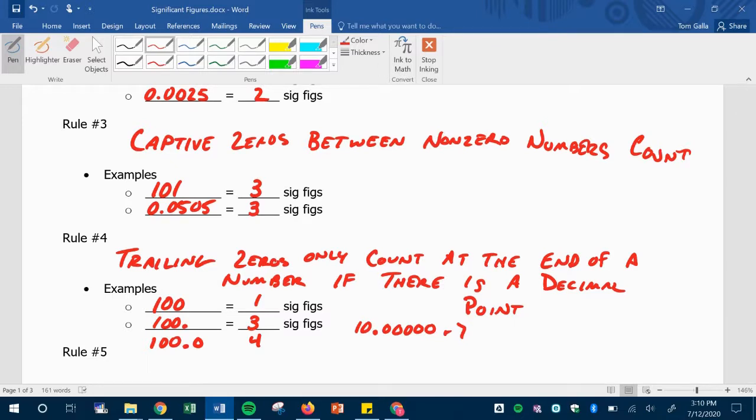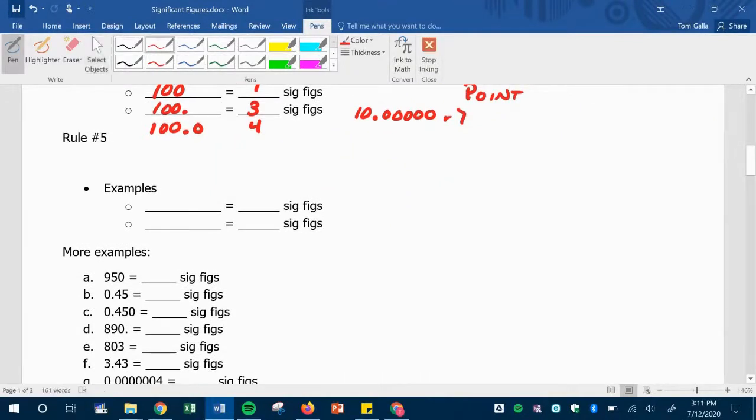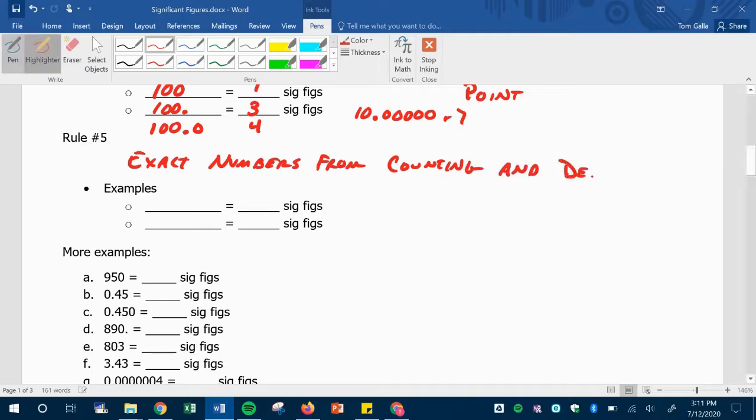And finally, our last rule, which is also a little tricky, our last rule says exact numbers from counting and definitions, and we'll talk about what this means in a second. So exact numbers from counting and definitions have infinite number of sig figs.